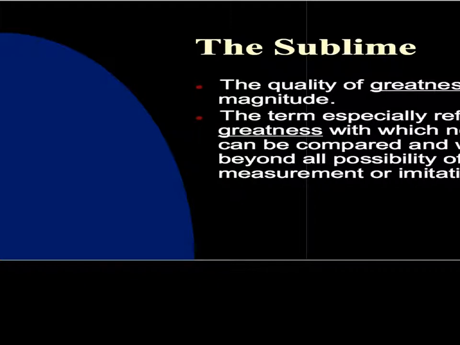And now let's talk about the Sublime, not the 90s band. The definition is the quality of greatness or vast magnitude. In other words, if something is so great, so vast, so magnificent that it defies definition, you would say that is sublime.